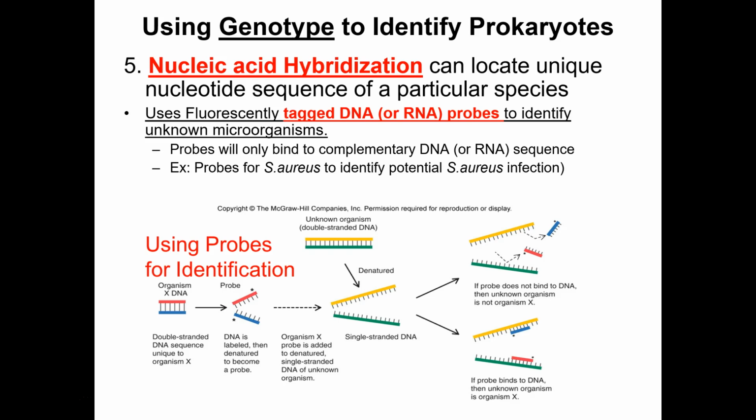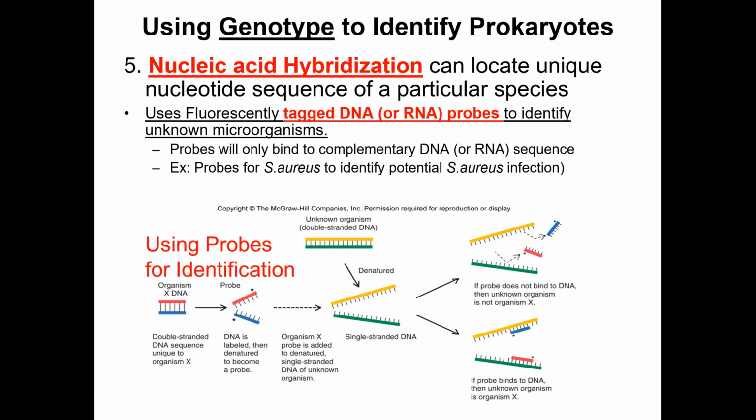And when you design these little short sequences of DNA, these little DNA RNA probes, we also tag them. In the past, we used radioactive isotopes. These days, though, we use a little bit more friendly fluorescent dyes.